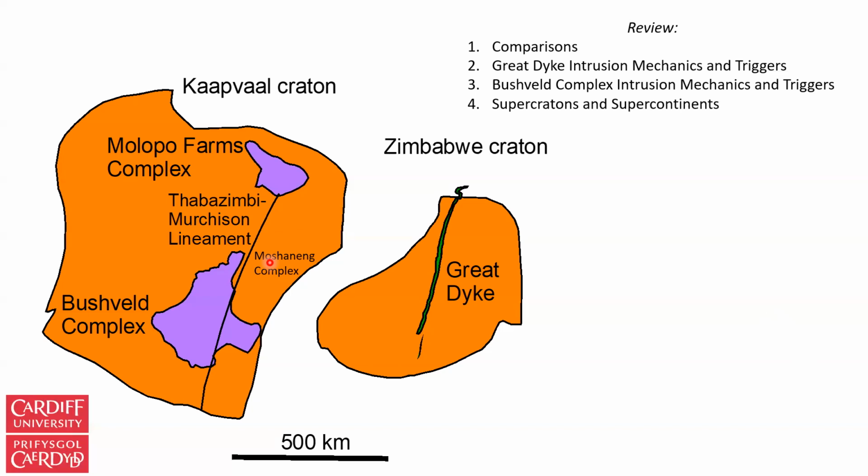Whatever its role, it's a transcrustal lineament on which those 2 intrusions sit, and it's parallel to and of similar length to the Great Dyke, which itself is parallel to a number of transcrustal transcratonic lineaments, which I'll talk about in more detail shortly. So there's that similarity to kick off with.